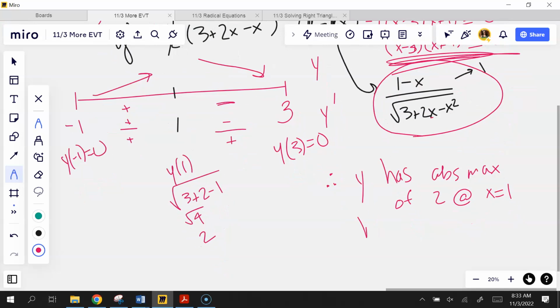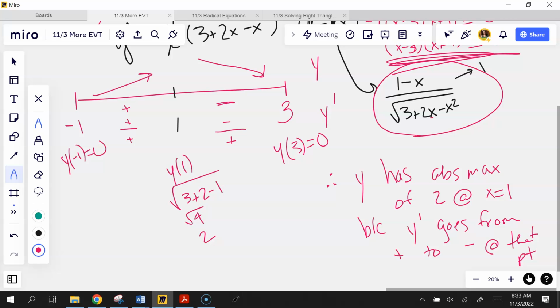And you have to say why, because the derivative goes from positive to negative at that point. I don't write this every time, but understand if they asked you to explain why, this is your justification.